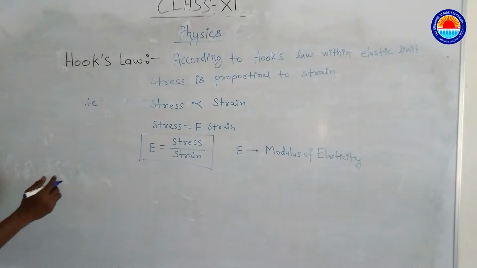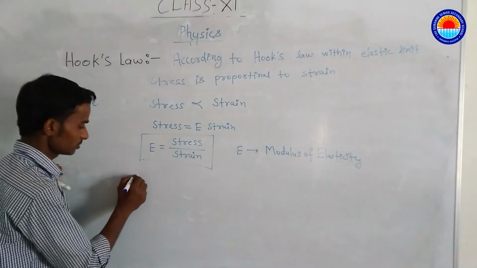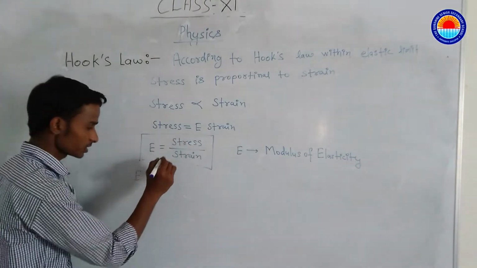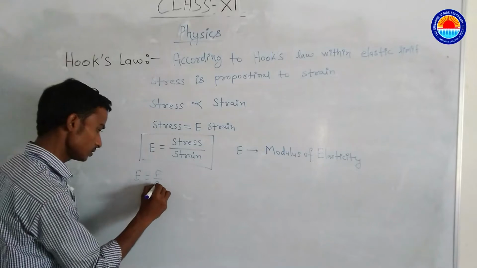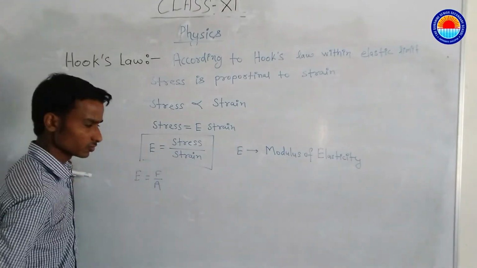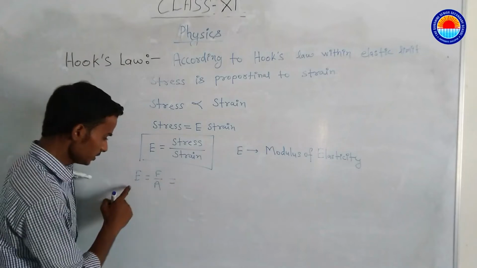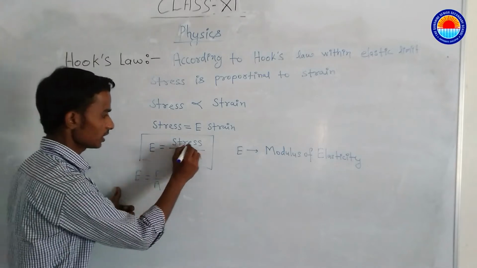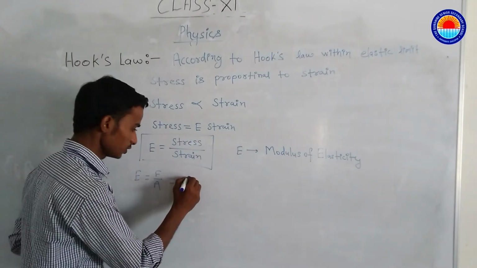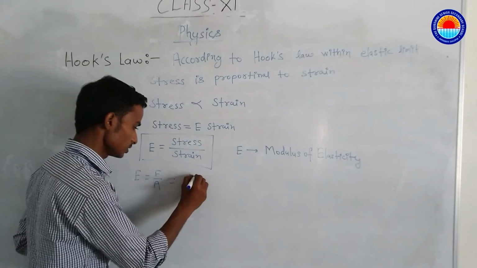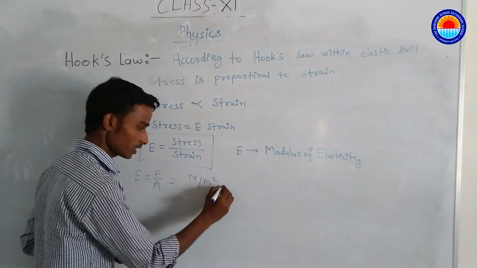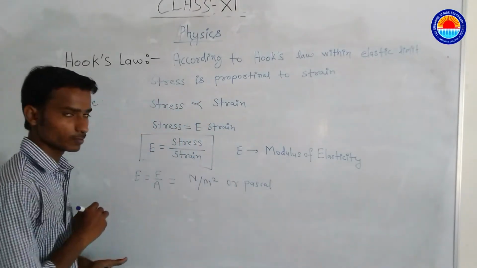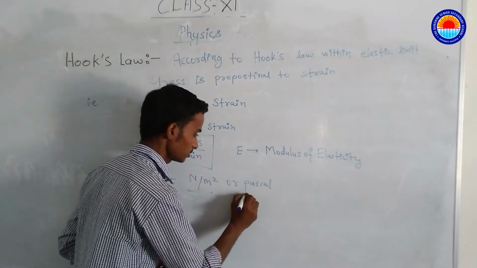And for the unit of E, we can find the SI unit. Stress is force upon area, and strain has no unit. So the unit of modulus of elasticity is equal to the unit of stress. We know that the unit of stress is Newton per meter square or Pascal. Pascal is the unit of pressure. Clear?